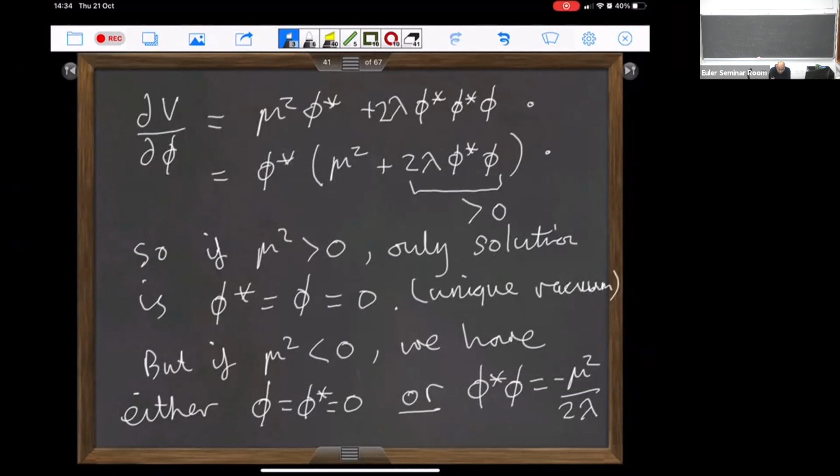But if mu squared is negative, we have two types of solution. Either phi is 0, or we have that phi star phi is minus mu squared over 2 lambda when mu squared is negative. So the situation for mu squared negative is radically different from mu squared positive.